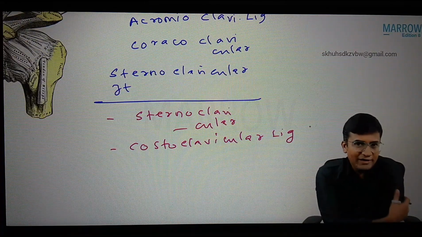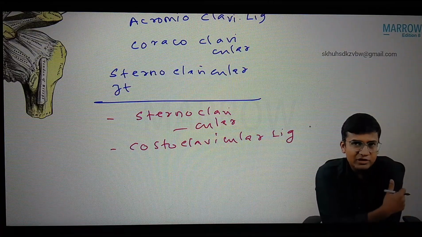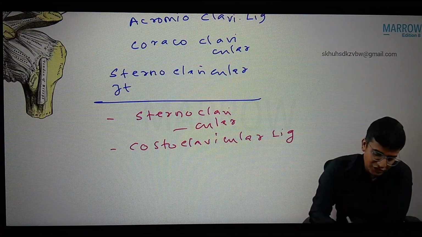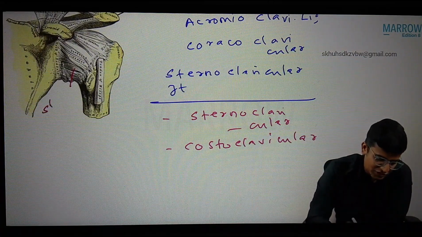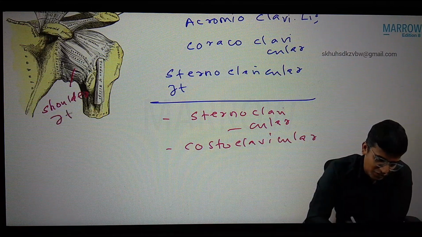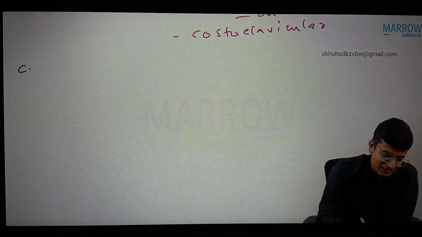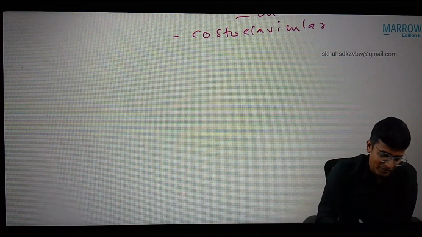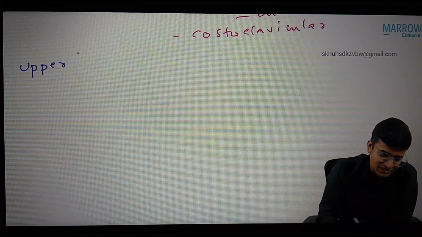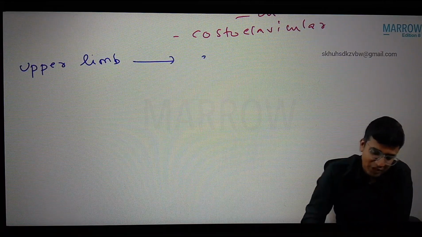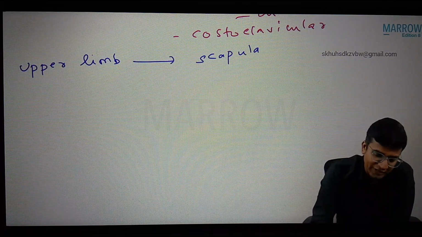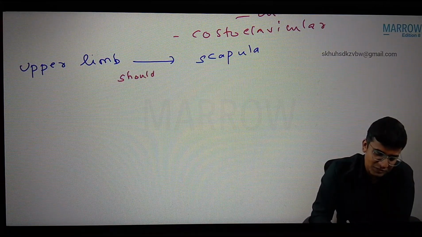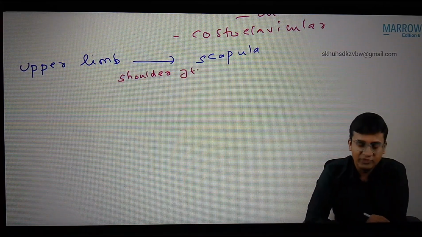Right. So now weight from the upper limb is given to the scapula bone via the shoulder joint. This is the shoulder joint. So now how is the weight transmitted? From the upper limb, the weight is transmitted to the scapula through which joint? Shoulder joint.